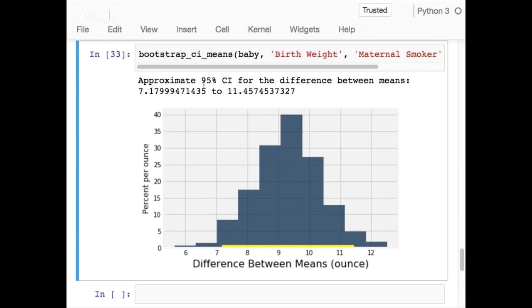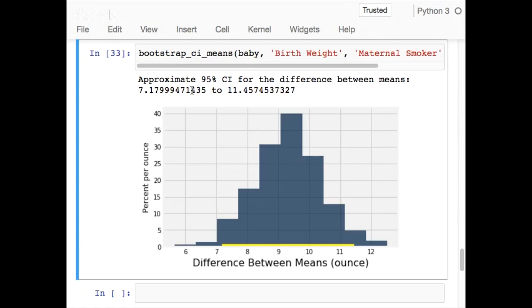In this case, this difference is not the absolute difference. It's instead just the baby weights of mothers who didn't smoke minus the baby weights of mothers who did smoke. It looks like that difference is about 7 ounces to 11 ounces.